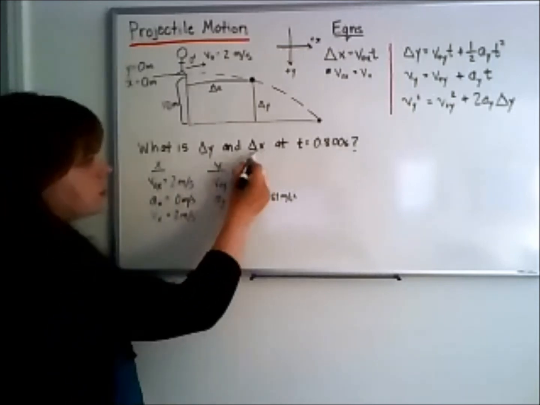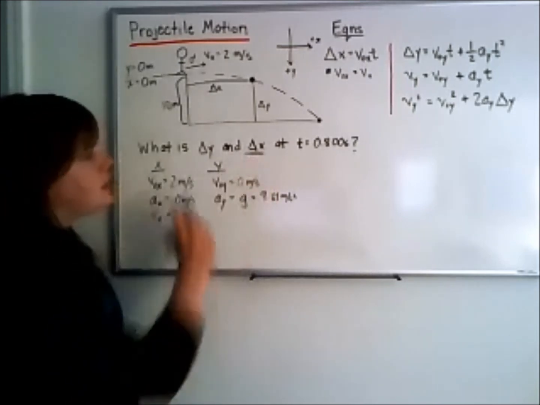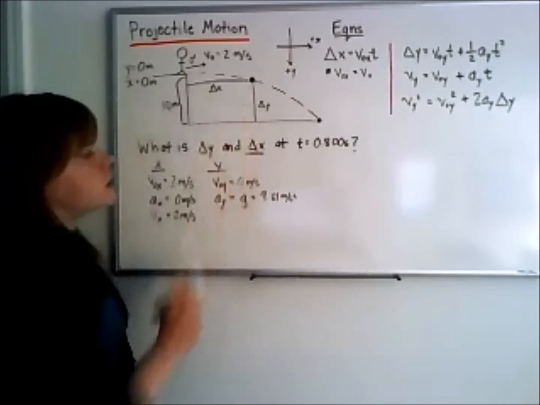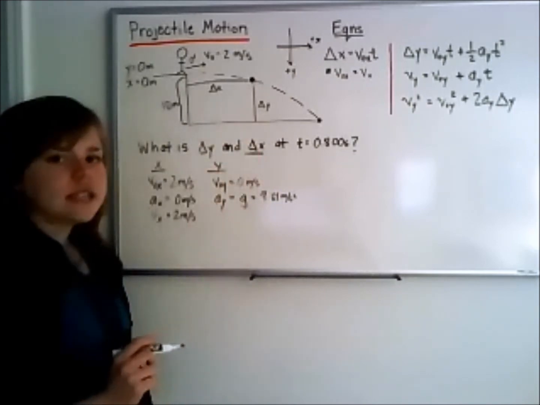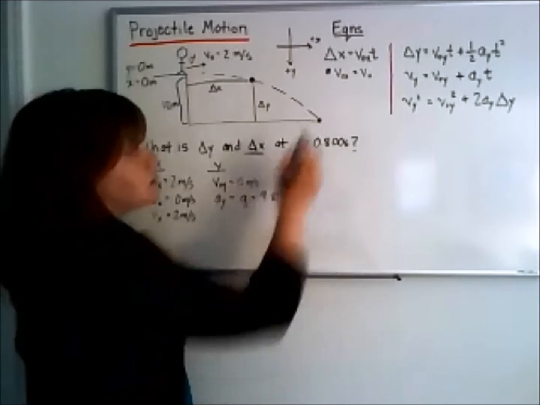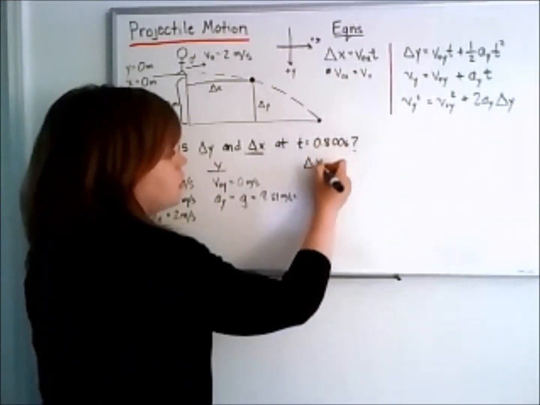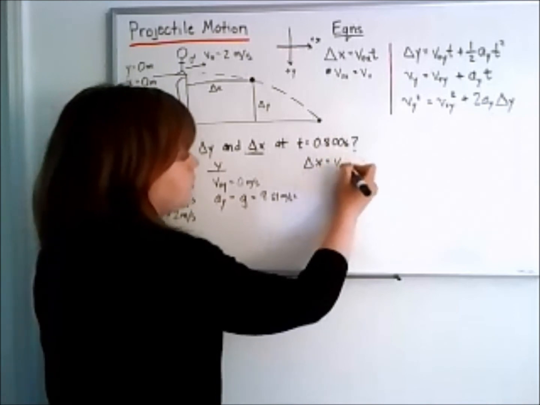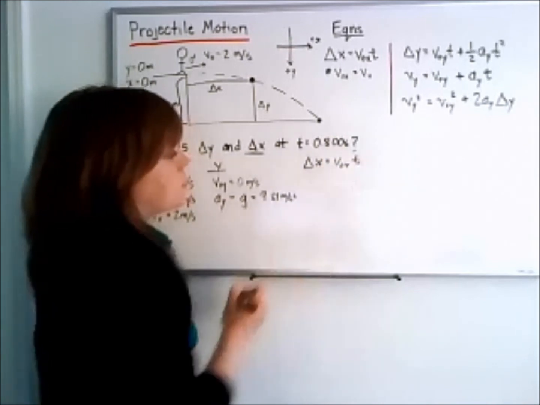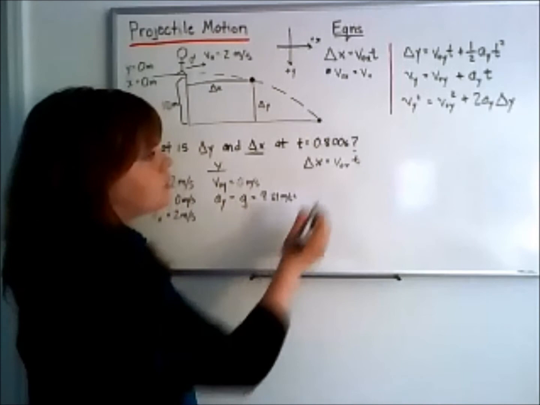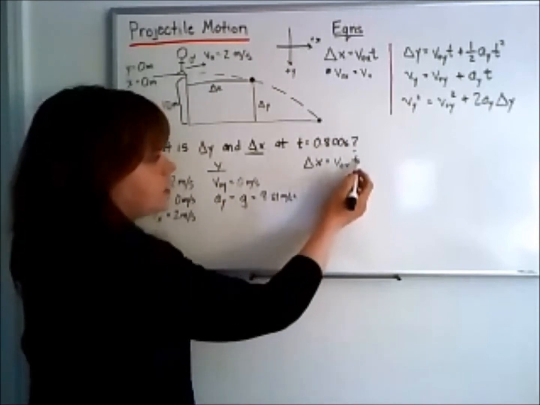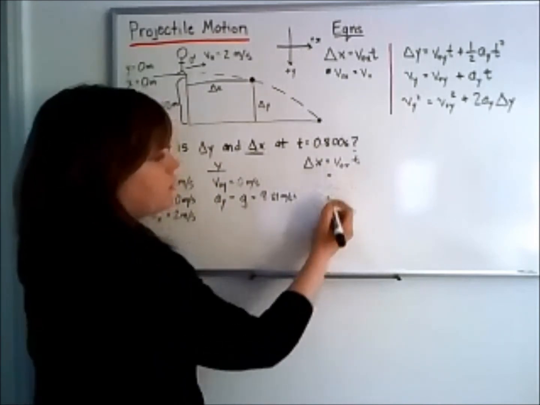So first, let's look at finding how far from the cliff he is horizontally, our delta x. For delta x, I'm going to choose this equation. And this is pretty simple. We know our v naught x and we know our t, so we can put values in for that.